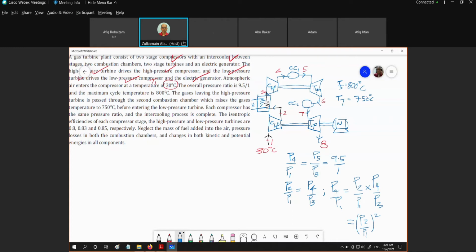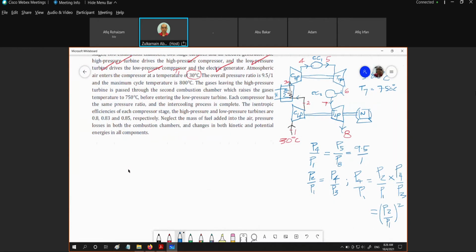Then we are getting the description of the intercooler, and it's been said that same pressure ratio, complete intercooling. The meaning of complete intercooling is the temperature entering each compressor is the same. So the temperature entering the compressor, T1, and the temperature entering the other compressor, T3, complete intercooling will give us T1 equal to T3.